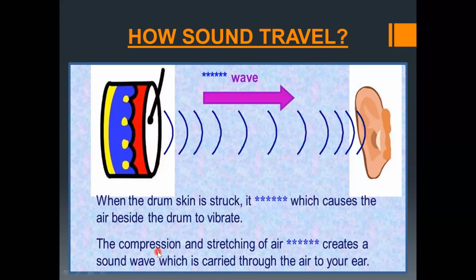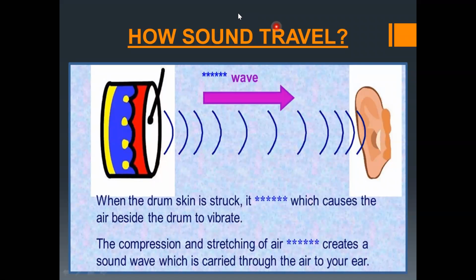Within a split second, all the air molecules will be vibrating. We hear the sound when the air inside our ear starts to vibrate our eardrums. So when the drum skin is struck, it generates vibrations.